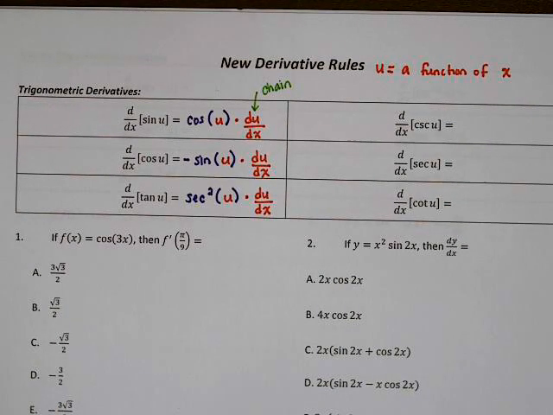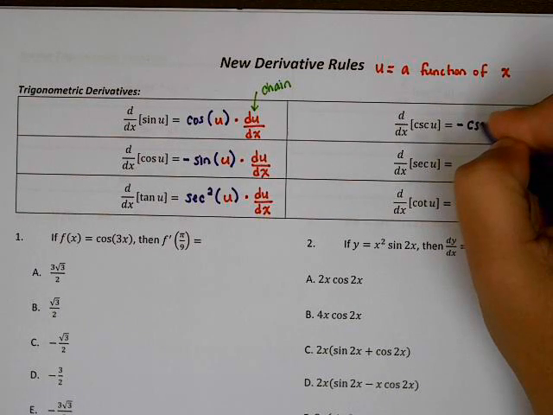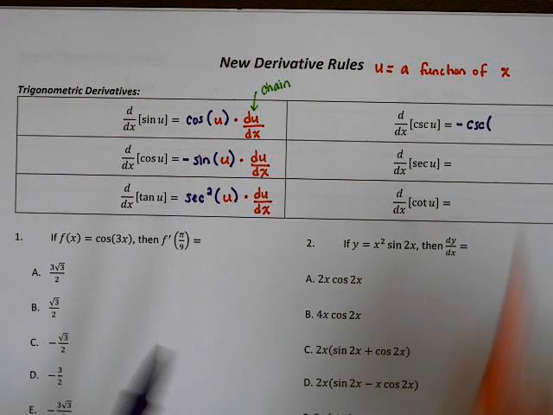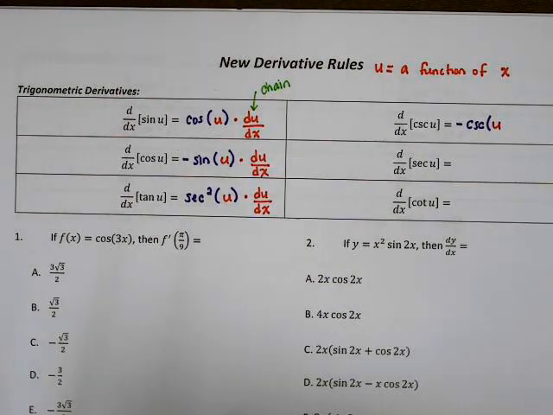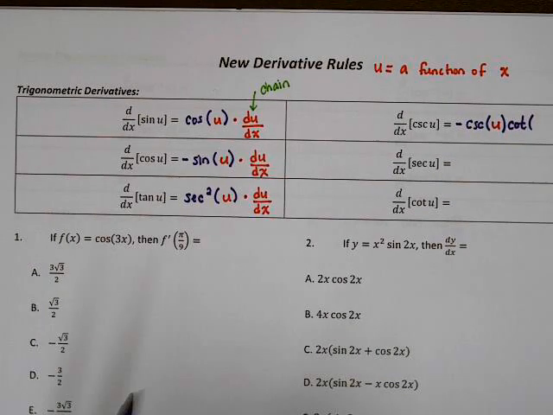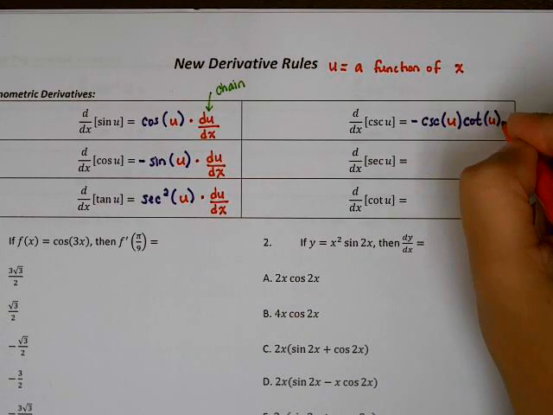The derivative of cosecant is negative cosecant of whatever was inside there, cotangent of whatever was inside there, times the derivative of whatever was inside there.